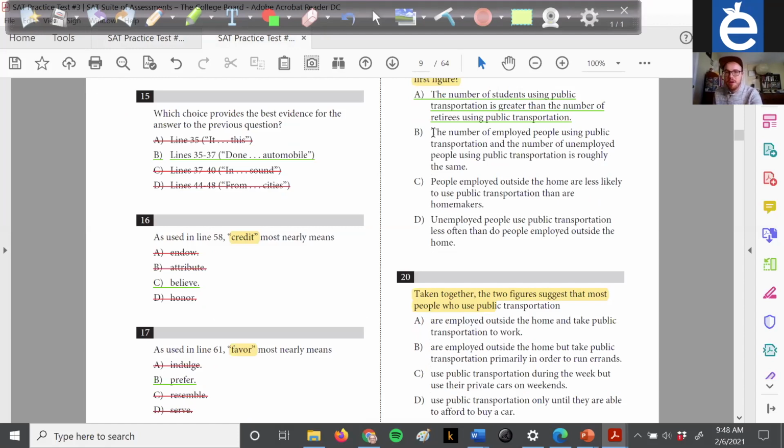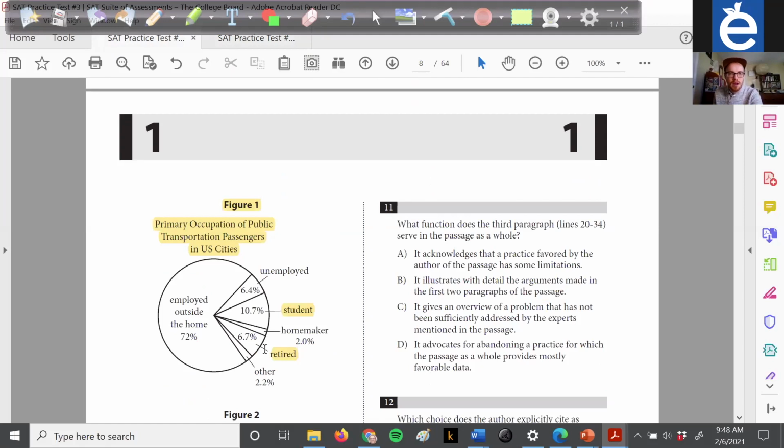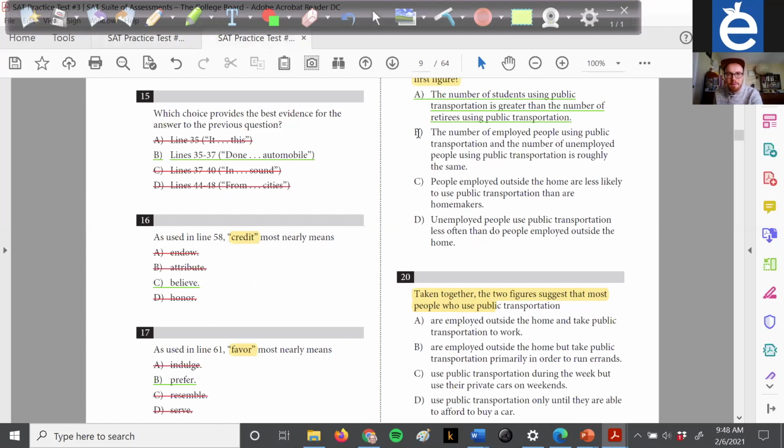Like the number of employed people and the number of unemployed people is roughly the same. No, these are the unemployed people, and these are those employed outside the home, not even counting homemakers. Not at all the same.